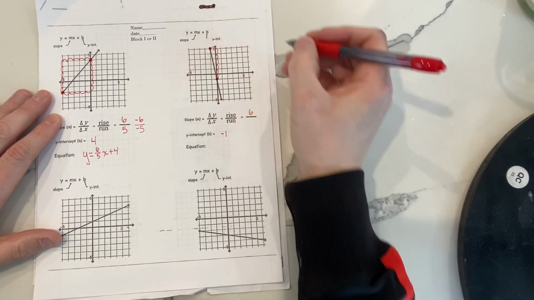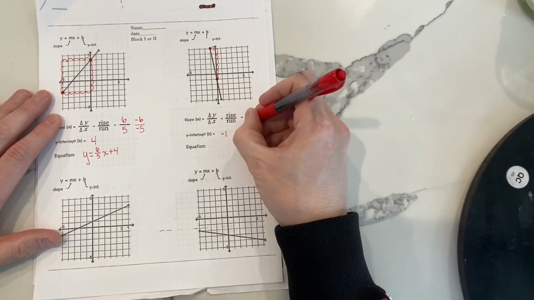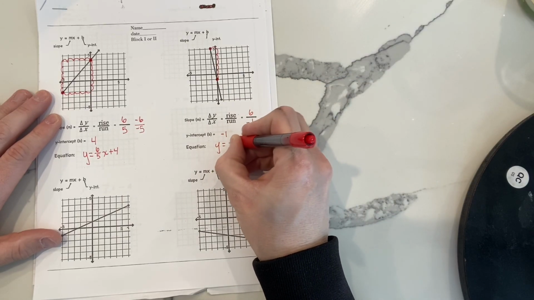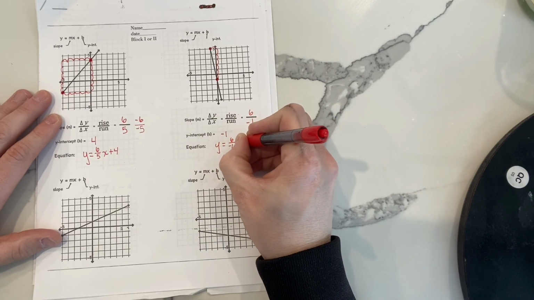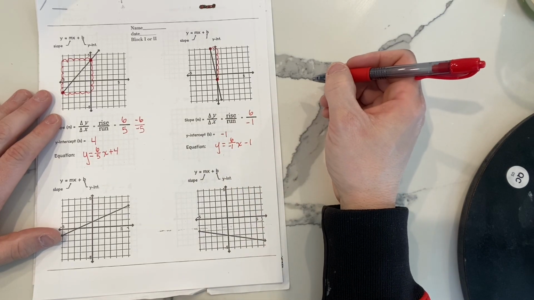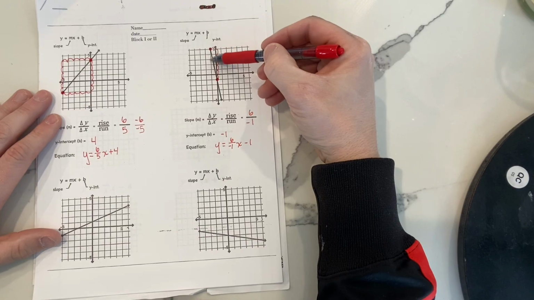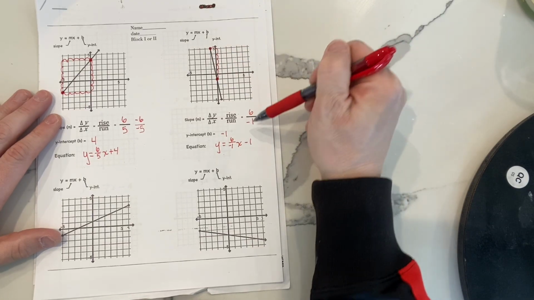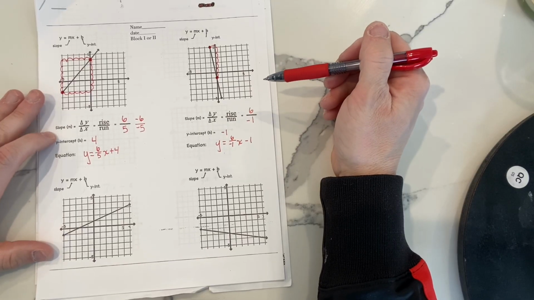And you go to the left, and when you go to the left, it's a negative, so it's a -1. So it's y equals 6 over -1 x minus 1. That's the equation. And you could go down and you could go over. So it'd be -6, +1. It's the same thing. Okay?